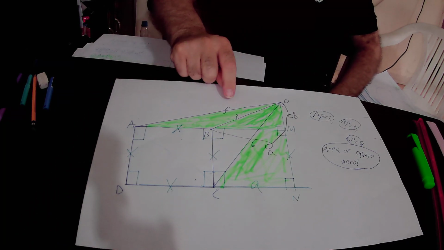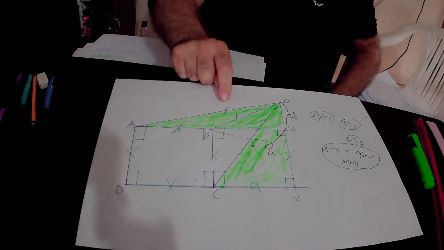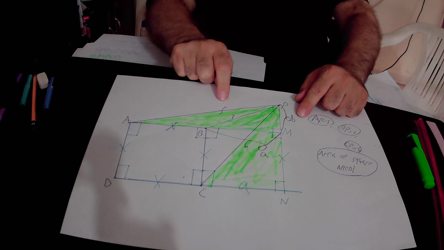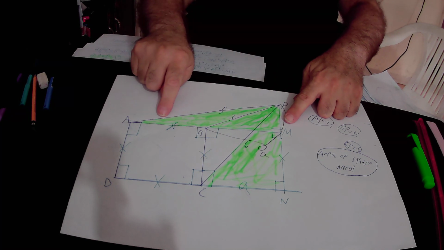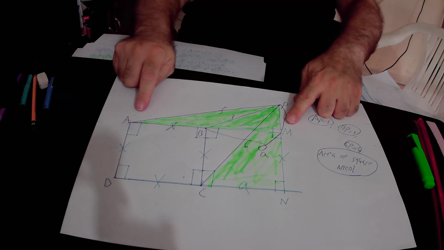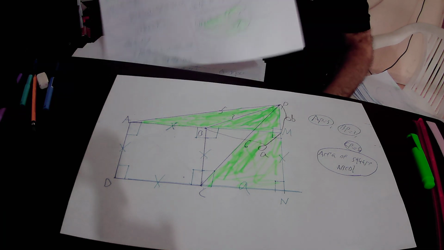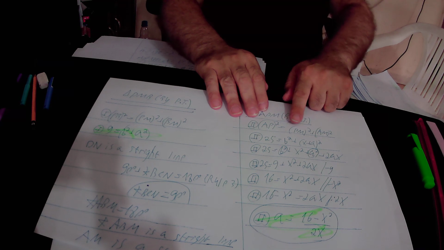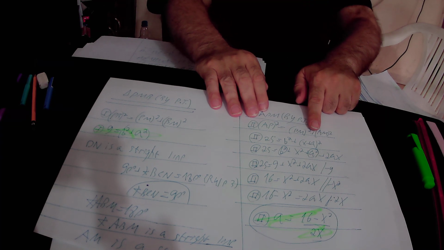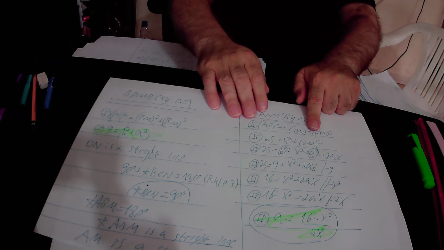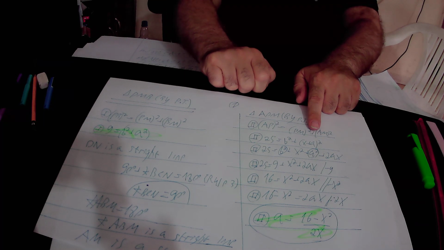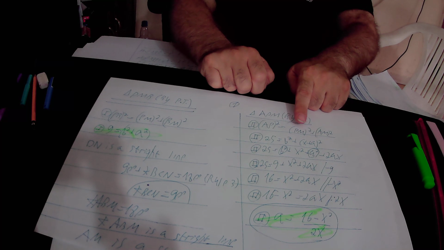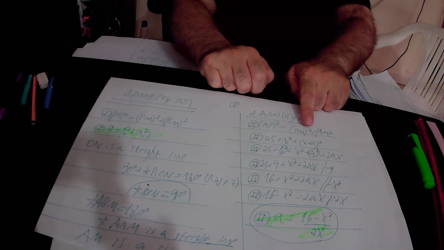AP equals 5 units, therefore AP squared is 5 squared, that is 25. PM equals B, therefore PM squared is B squared. AM equals X plus A, therefore AM squared is (X plus A) squared. So according to equation number 2, 25 equals B squared plus (X plus A) squared.